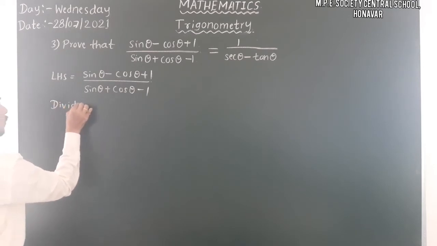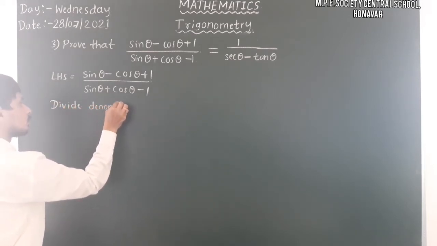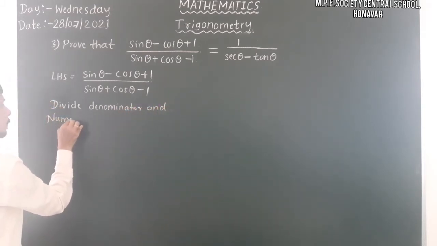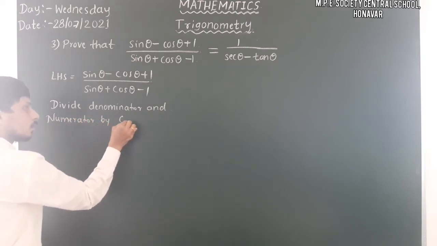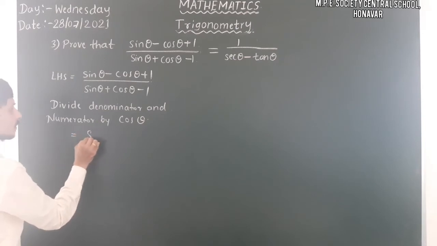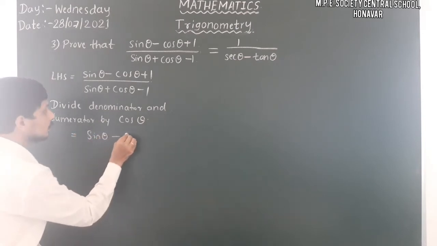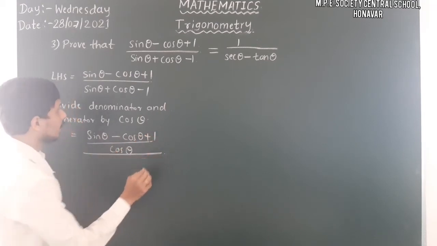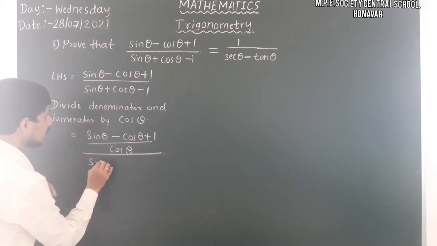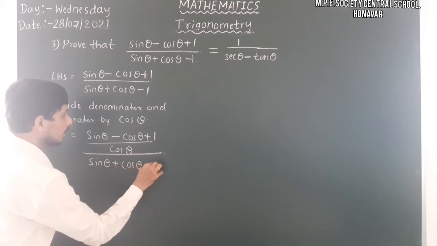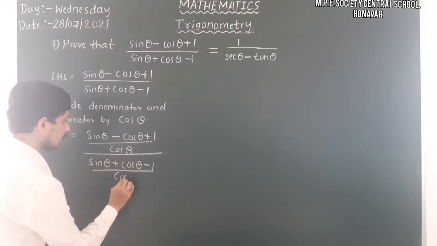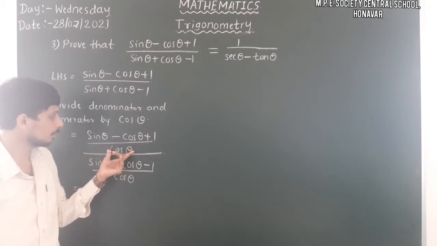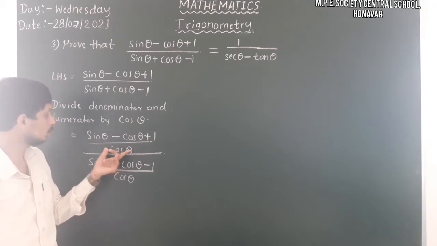So it is equal to sin theta minus cos theta plus 1, divided by cos theta, whole divided by, again for the denominator as well, sin theta plus cos theta minus 1 divided by cos theta.